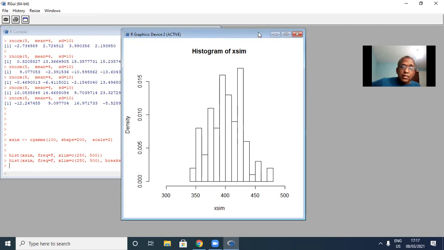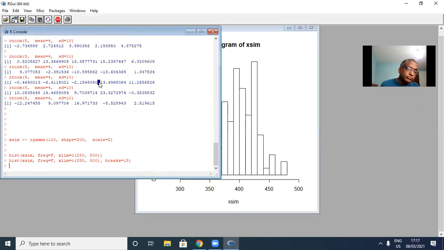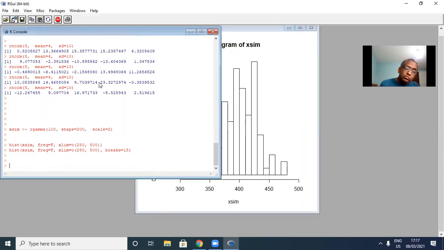Okay, the next thing I'm going to do, guys, is plot on top of this histogram the density of the gamma distribution that we simulated from. To do that, let me do this. X is a sequence from, say, 280 to 500, in steps of, say, 0.1.